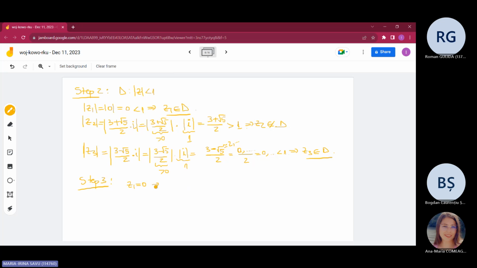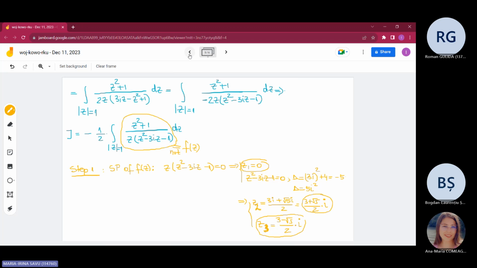Tell me what type of point this is. We take the limit when z goes to 0 of f of z. Here is f. So the limit when z goes to 0 of this function.